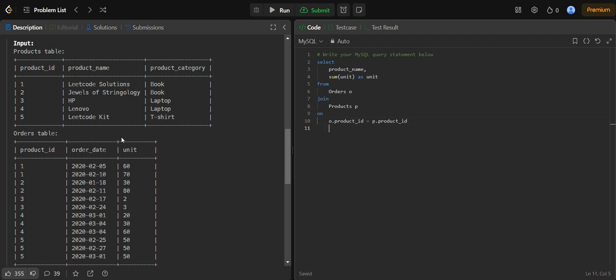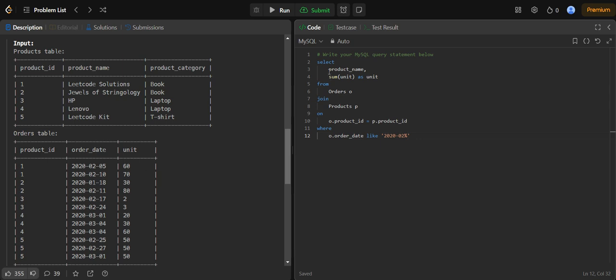And I have to put a WHERE clause here, where the order date, o.order_date, like '2020-02', and put the wildcard symbol. The order date must look like this.